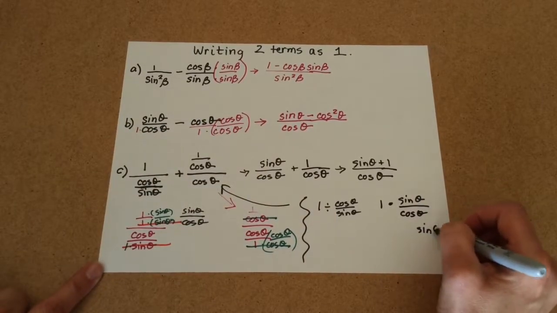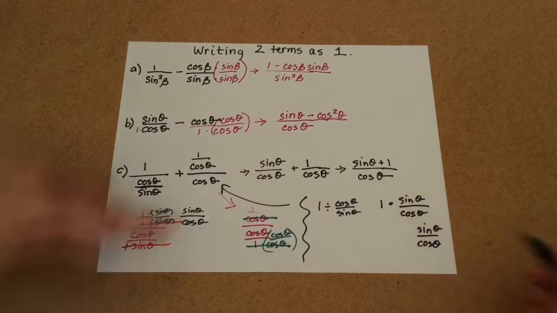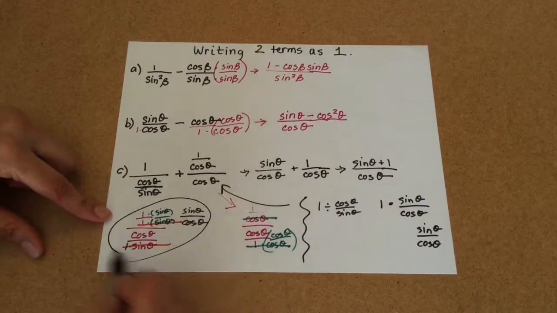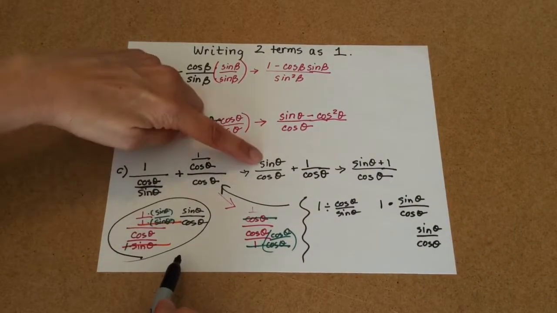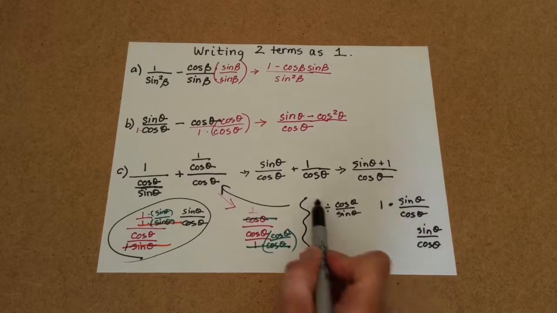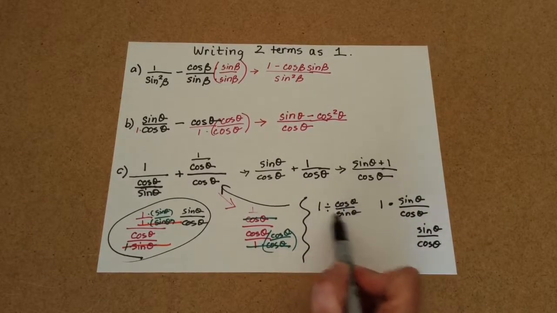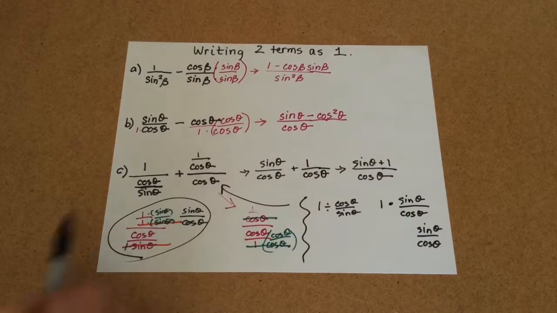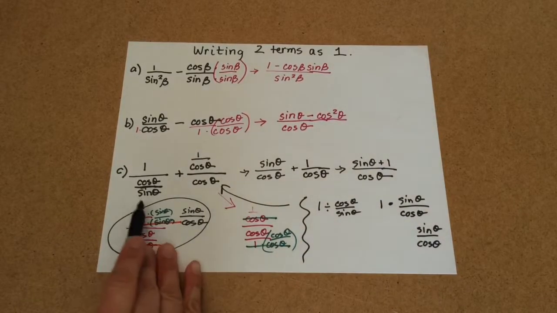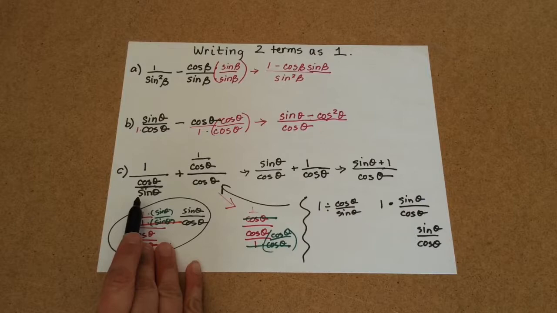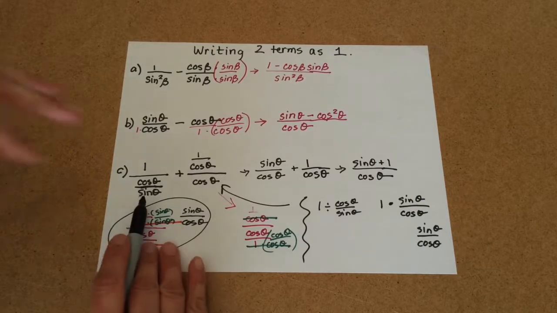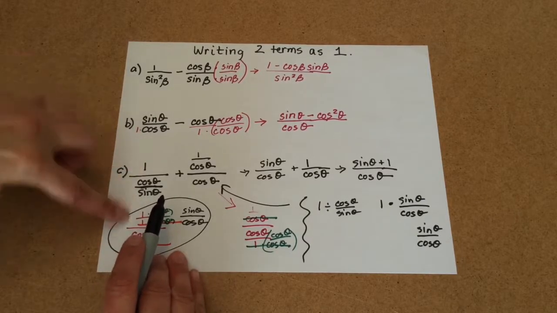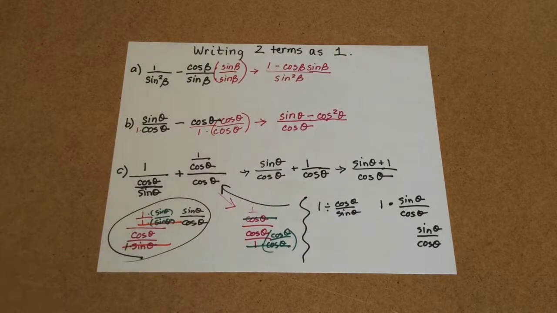So we have sine of theta over cosine theta, which is what we got when we did this. So if you would like to go through this thought process instead to simplify your complex fractions, that's a good method for doing that when the complex fractions aren't loaded with addition and subtraction embedded in the fraction. Okay, there you go.